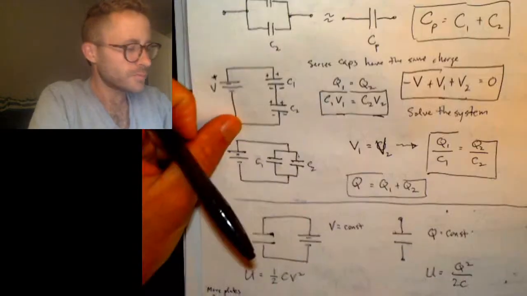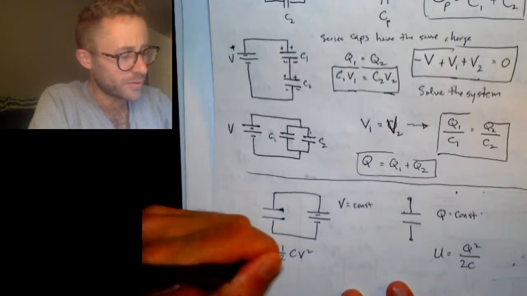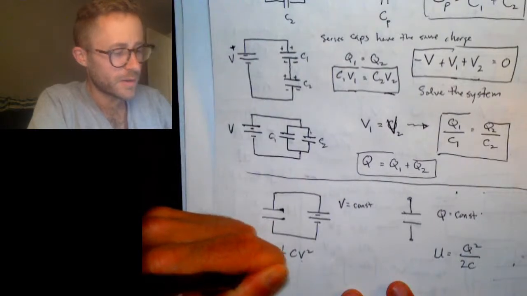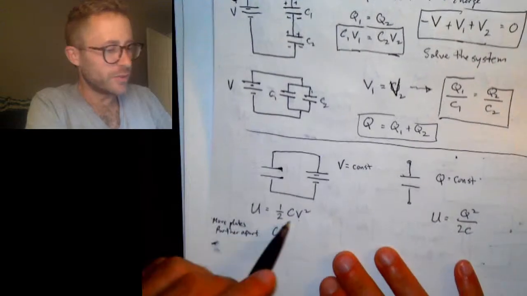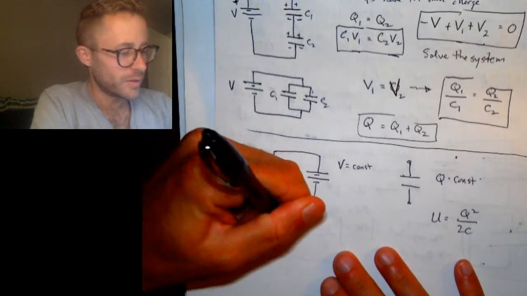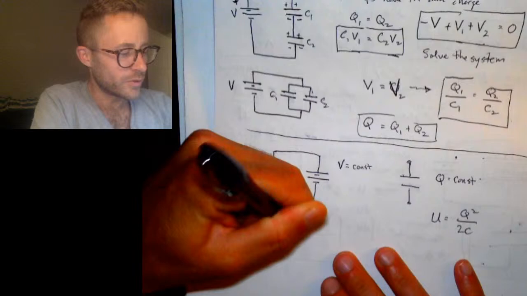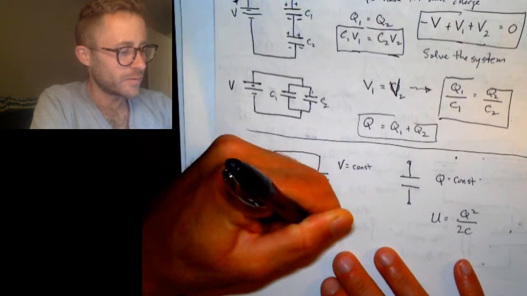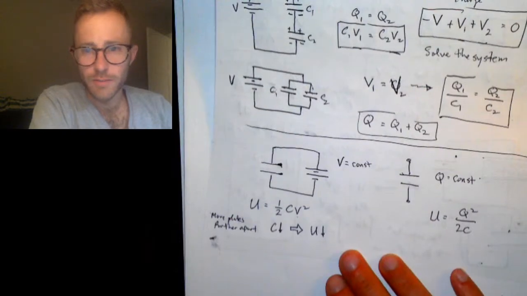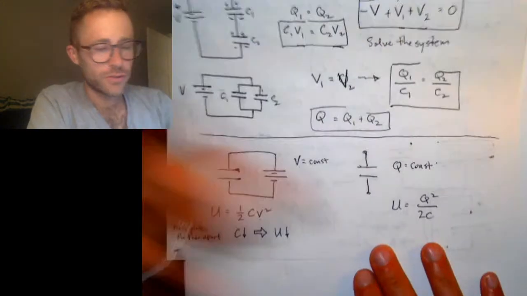So if the capacitance goes down, in this equation, this has C in the numerator, so this implies that the energy stored in the capacitor goes down. Here, it's just the opposite.